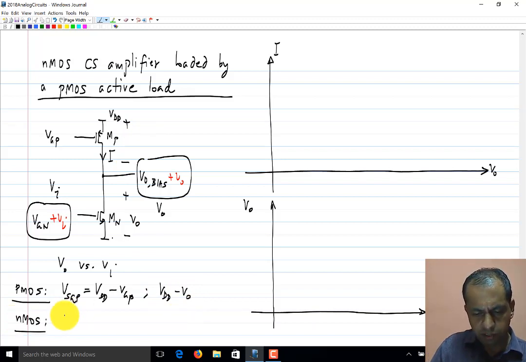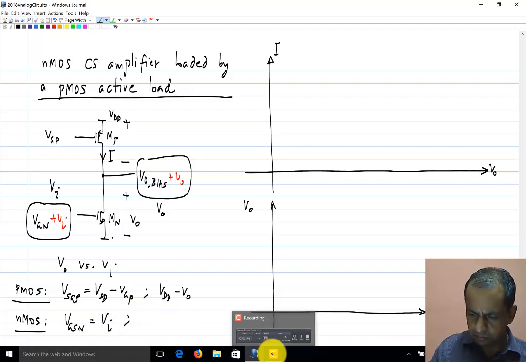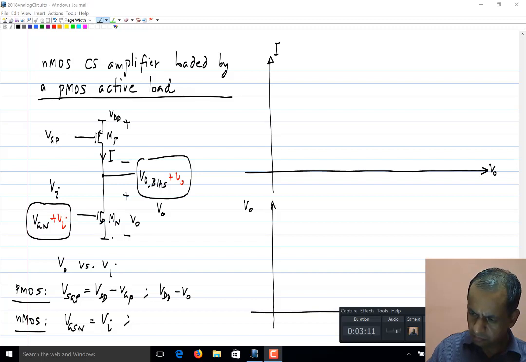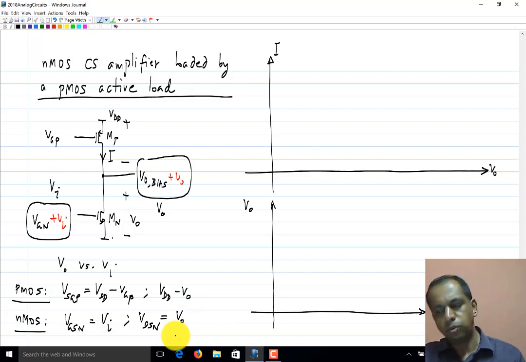And the NMOS transistor has a gate source voltage equal to the input voltage Vi and a drain source voltage which is the same as the output voltage VO.